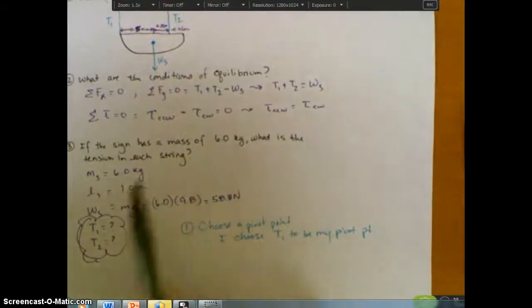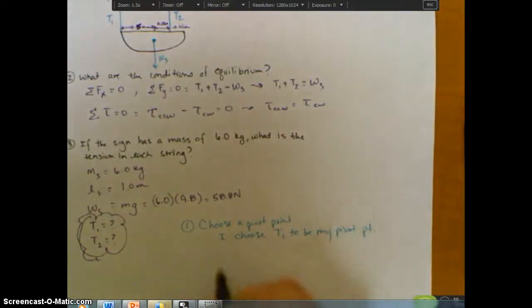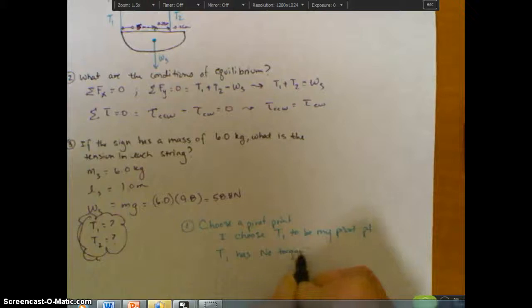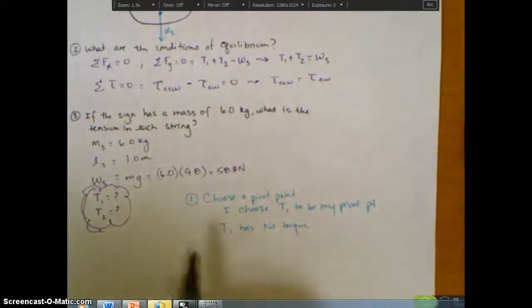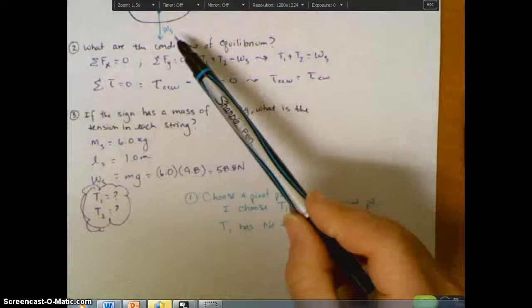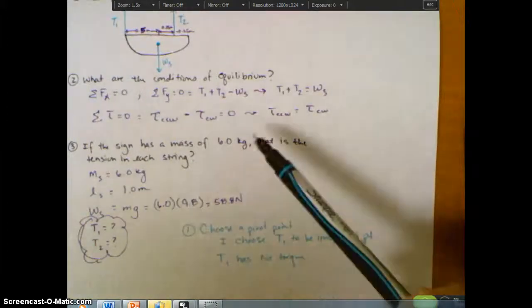By doing that, T1 effectively has no torque because the lever arm is 0. But my other forces, T2 and the weight of the sign, still could provide a torque.